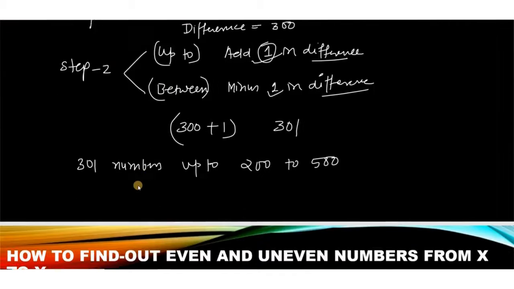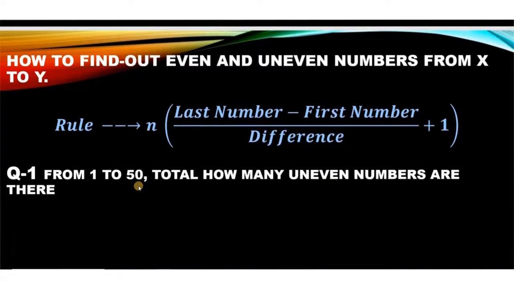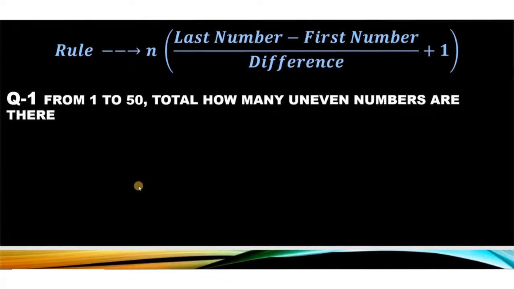Now let us take another example. How to find out the even and uneven number from x to y. For example, from 1 to 50, total how many uneven numbers are there? So let's say 1, 2, 3, 4, 5, 6, 7, dot, dot, dot. It goes up to 50. Right?